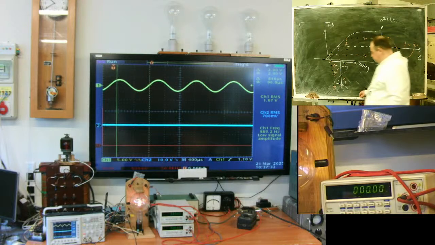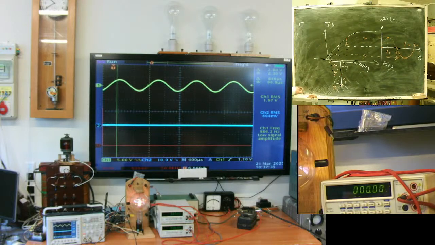And now, what I will do, I will assemble a network. I know the resistance. Through capacitance, this is Sx. Resistance.